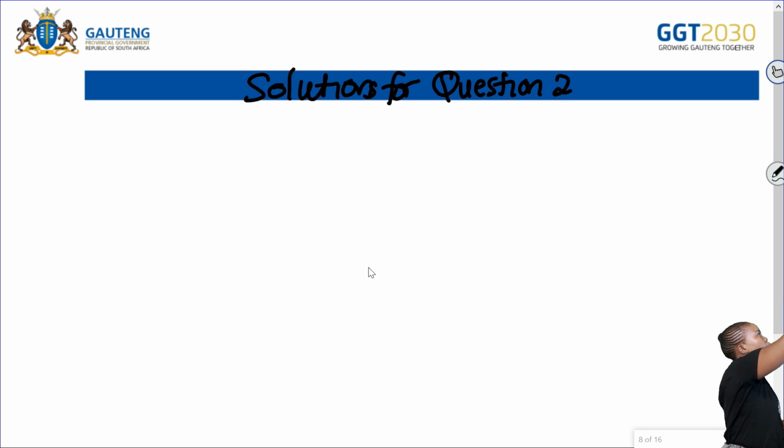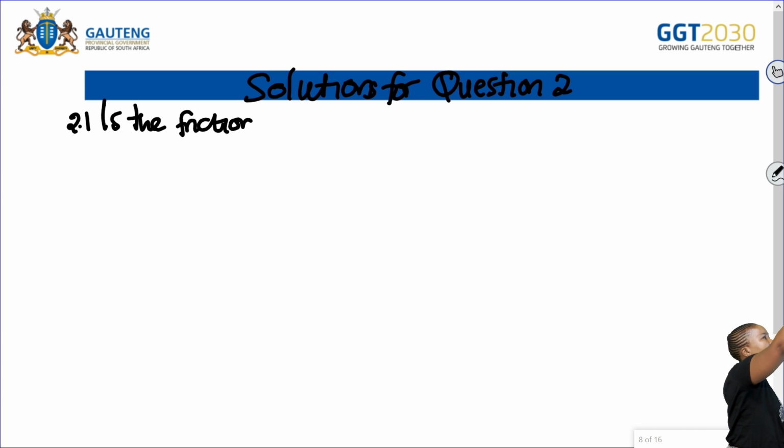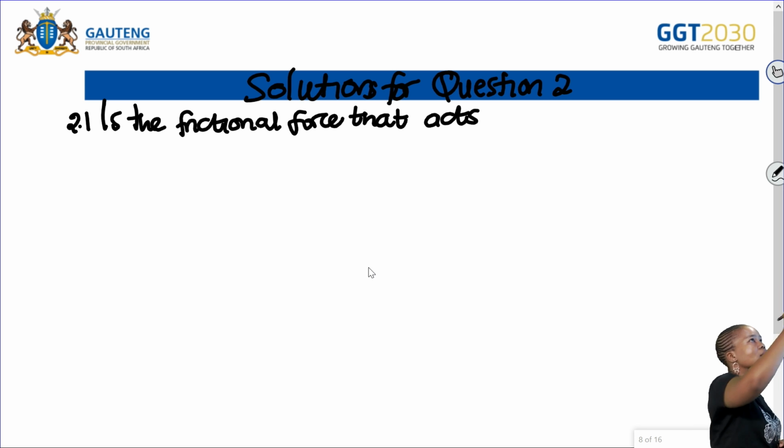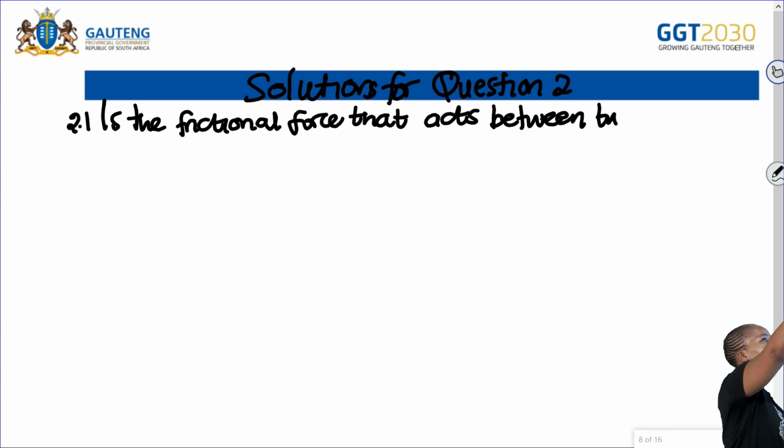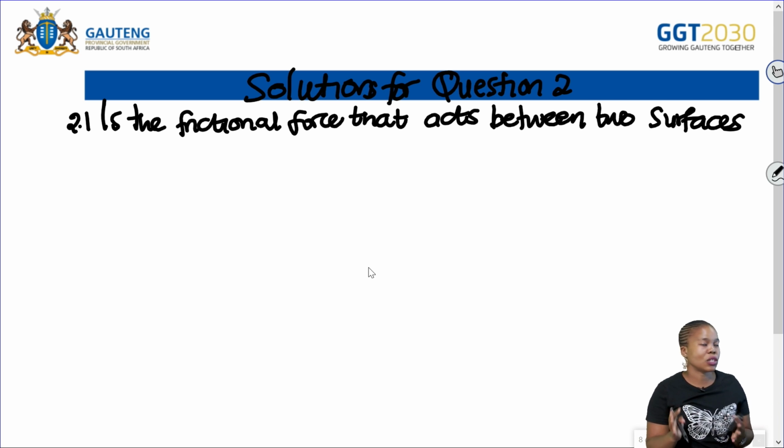For 2.1, static frictional force is the frictional force that acts between two surfaces when the object is stationary.